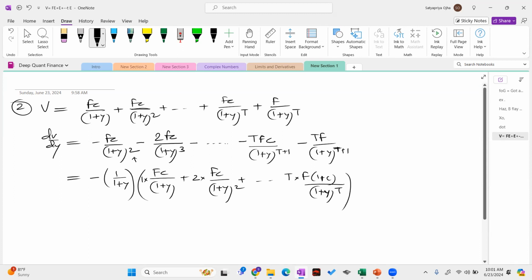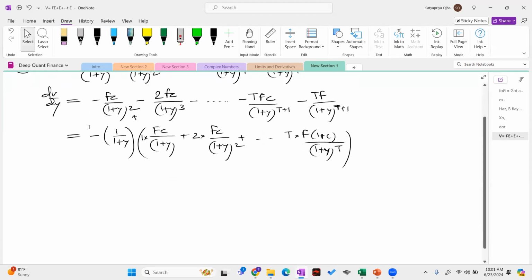Now, if you look at the expression in the bracket, first coupon discounted. So this part is the PV of the first coupon multiplied by when it comes to you, after the end of 1 year. PV of the second cash flow multiplied by the time when it comes to you.